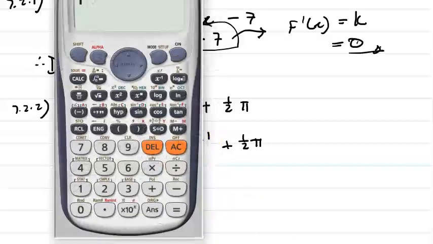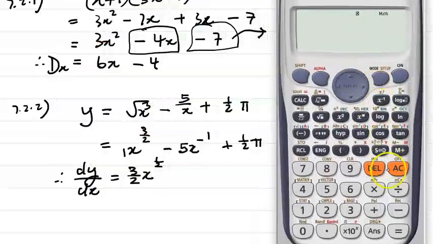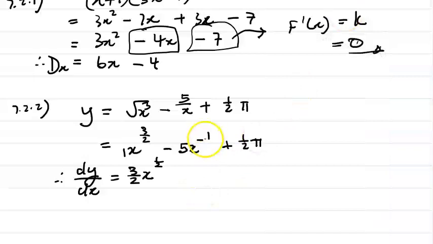You can always use your calculator to double check, right? 3 over 2 minus 1 equals half. Okay, and here minus 1 times minus 5 is plus 5x to the minus 2, and that should be our solution.